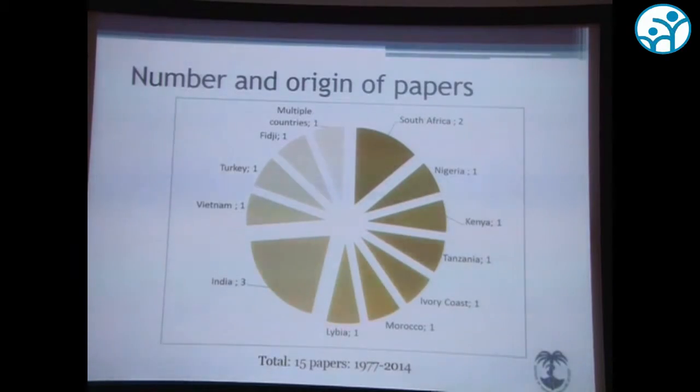From Asia, we had 3 from India, 1 from Vietnam, and then individual publications from Libya, Turkey, Fiji, and a multiple country publication, including African, Asian, and the Caribbean countries. Also, at the base of the slide, you can see articles date back until the year 1977, so that's nearly 40 years back.